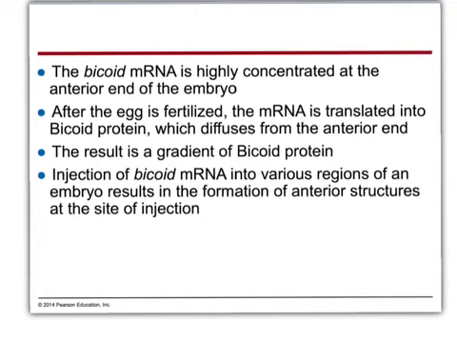So that then starts to induce transcription of genes that are important for head formation. All right? But like I said, if you inject bicoid mRNA into various regions of an embryo, it results in the formation of anterior structures at the site of injection. Right? So you can develop the head structure on, say, the abdomen.